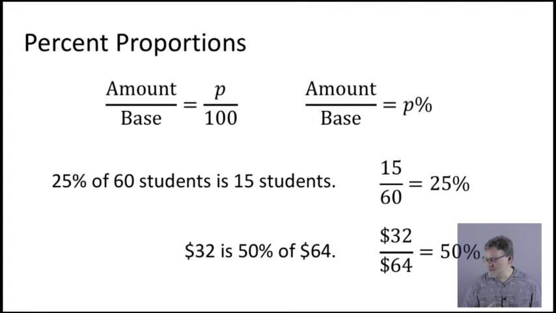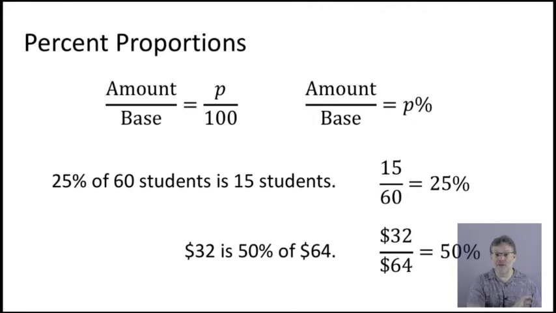It's not really something that I'm a fan of, but it's nonetheless there for you. So here's an example of how we would set up this proportion, and in both instances I'm using the percent model. 25% of 60 students is 15 students. We have the amount on the left, the base in the lower left, and the percent on the right-hand side, 25%, or 25 over 100.